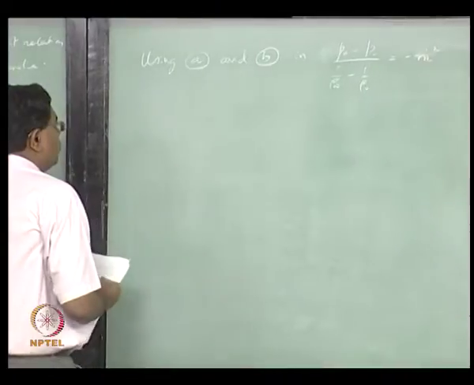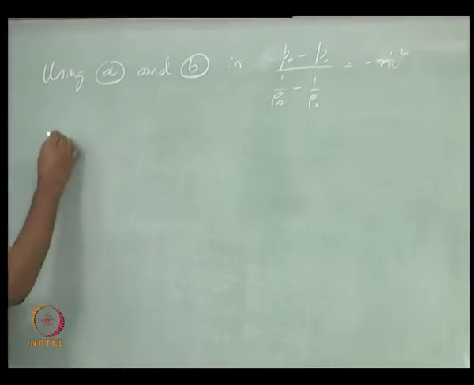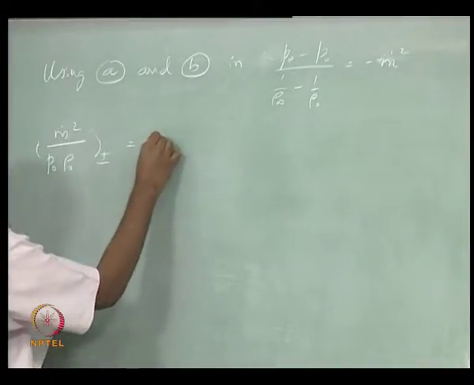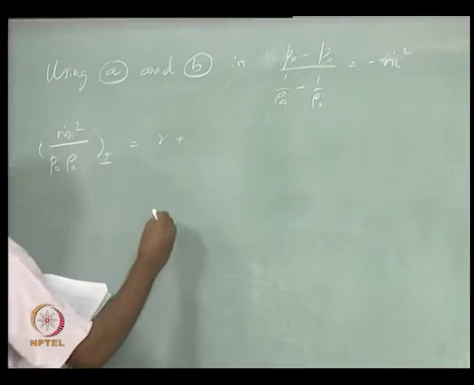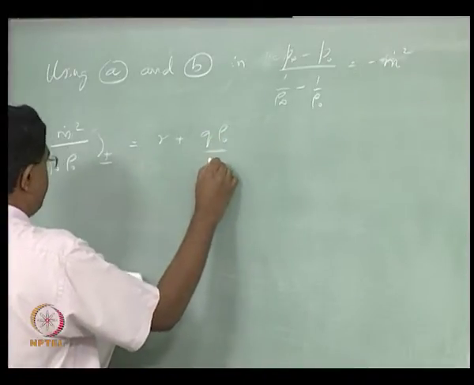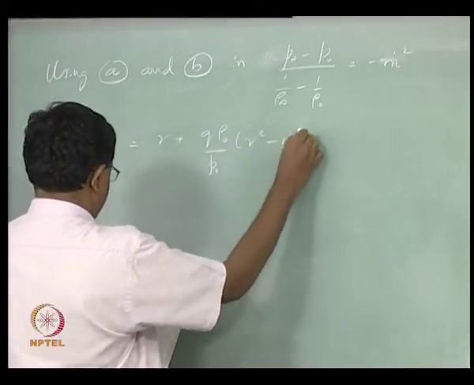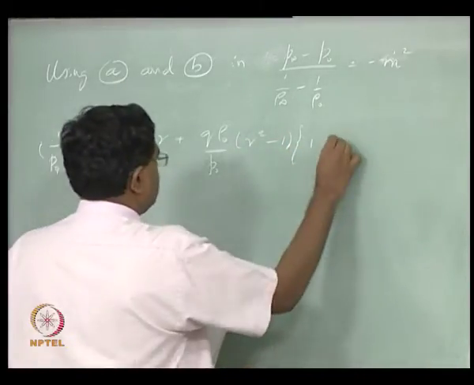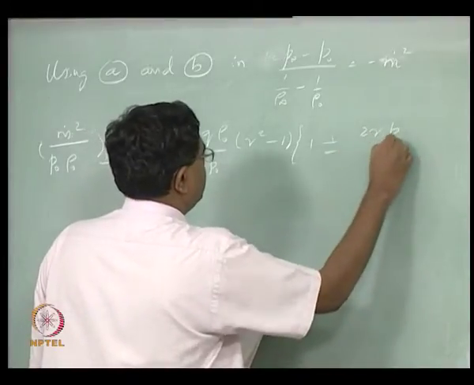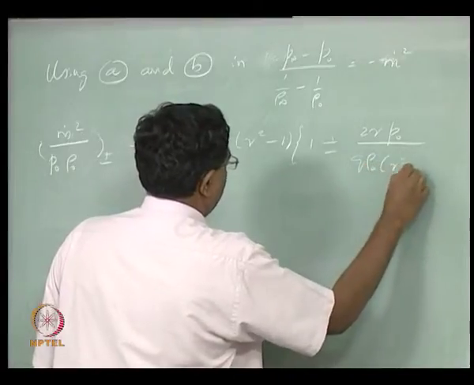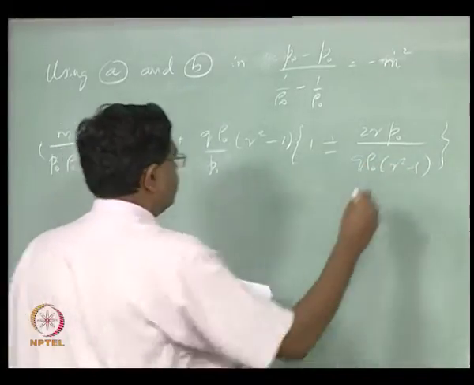Right, we can now get our m dot squared divided by P naught rho naught plus or minus equal to gamma plus q rho naught divided by P naught times gamma squared minus 1 times 1 plus or minus 2 gamma P naught divided by q rho naught gamma squared minus 1, the whole to the half.